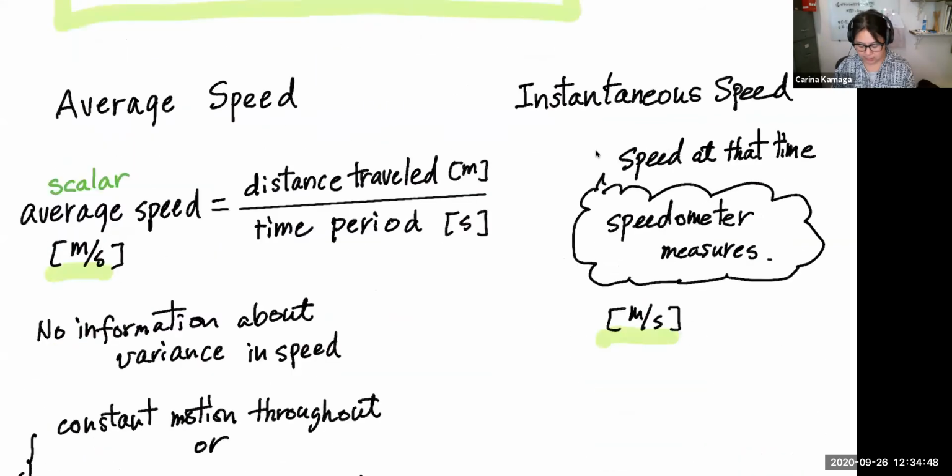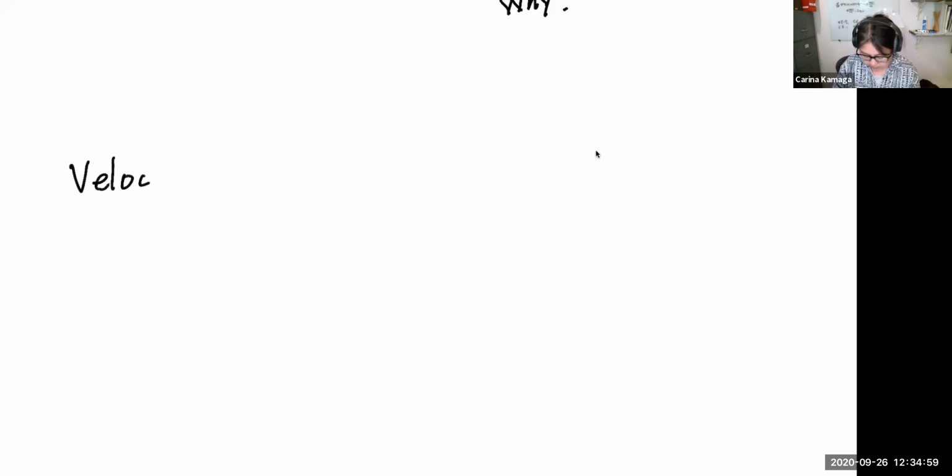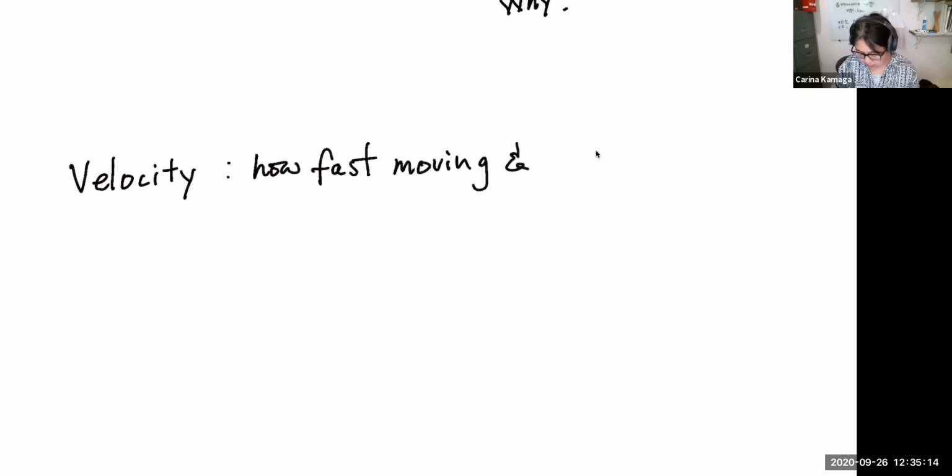On the other hand, velocity is very similar to speed. Velocity describes how fast or how slow it's moving, and in which direction.